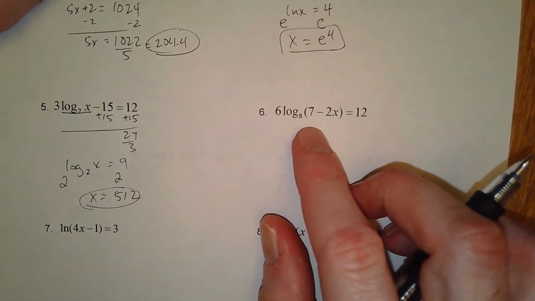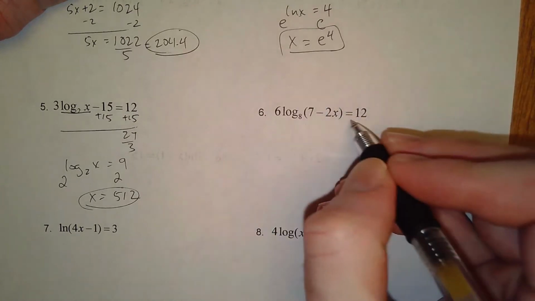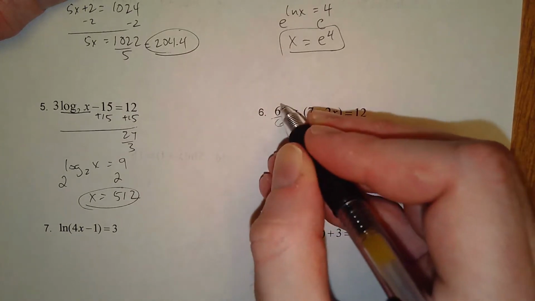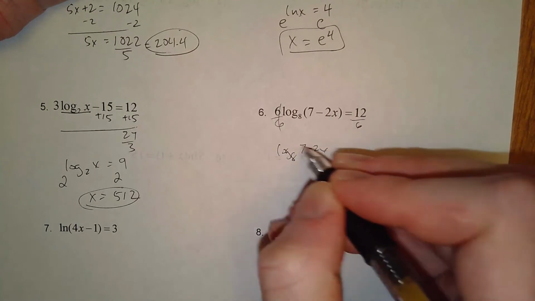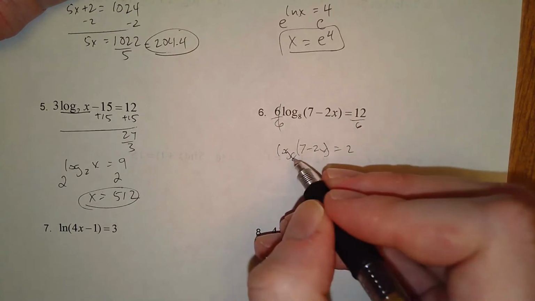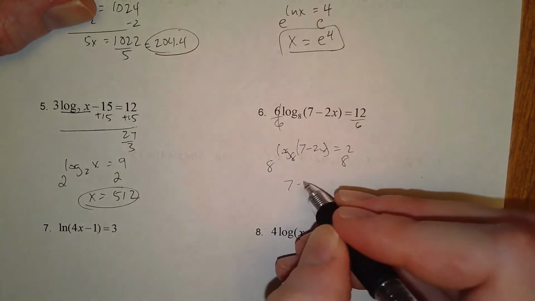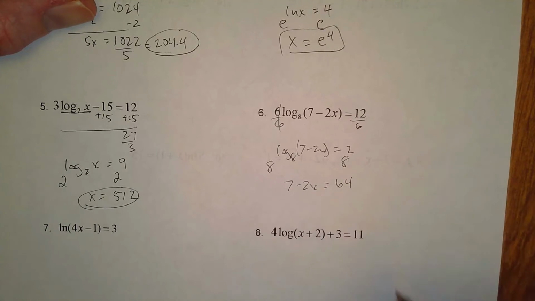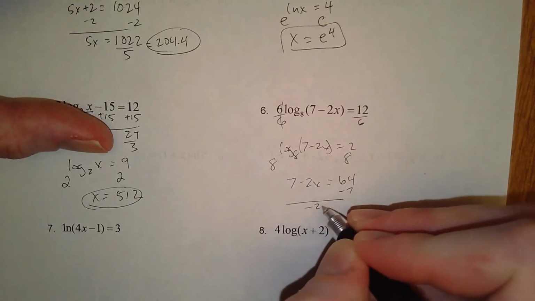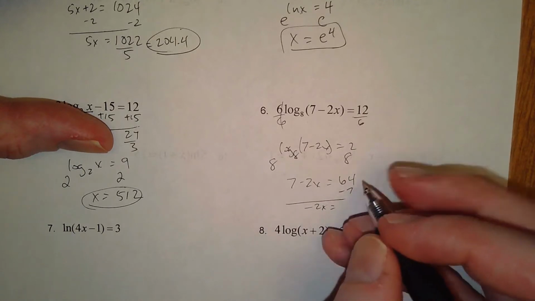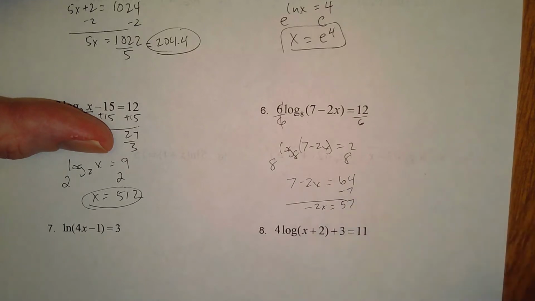Number 6, this is all part of the logarithm, the 6 is not. So if I divide both sides by 6, I've got log base 8 of 7 minus 2x equals 2. 8 is the base that's going to get that logarithm out of there. So I've got 7 minus 2x would equal 64. If I subtract 7, I get negative 2x equals 57.